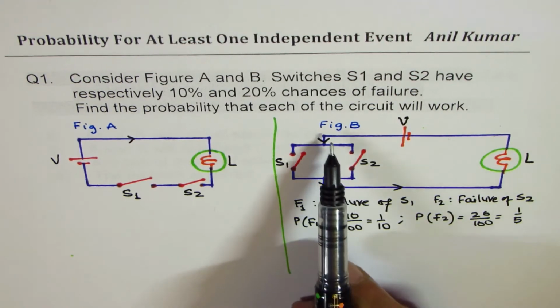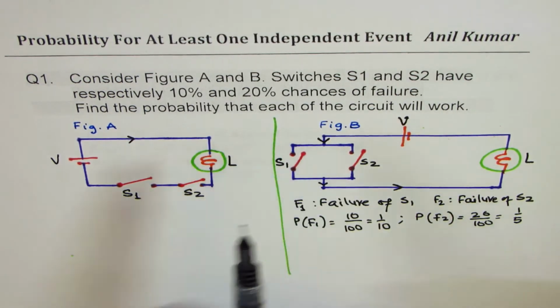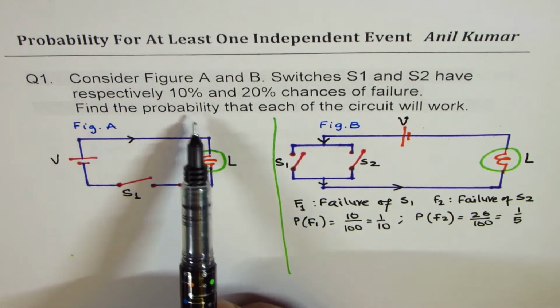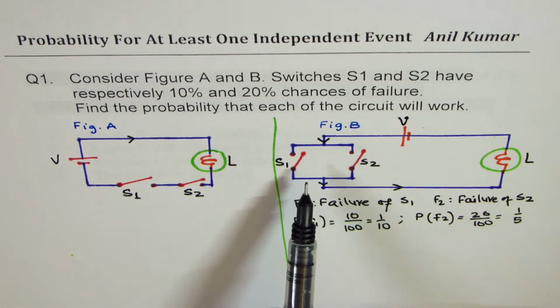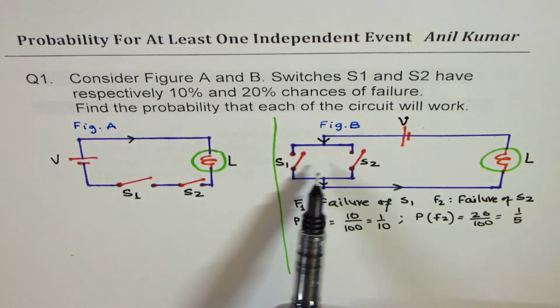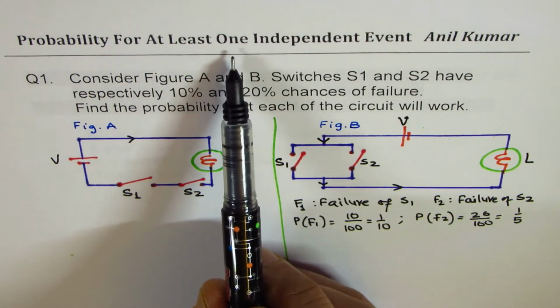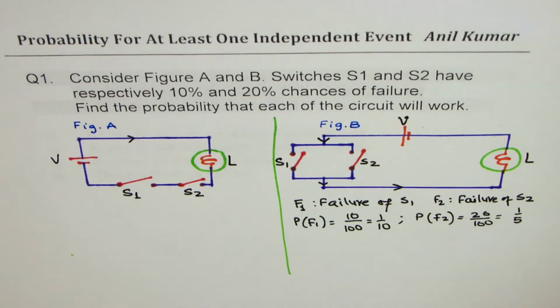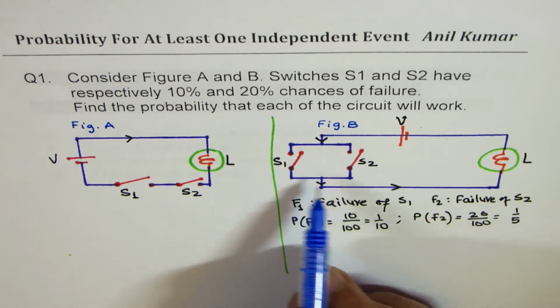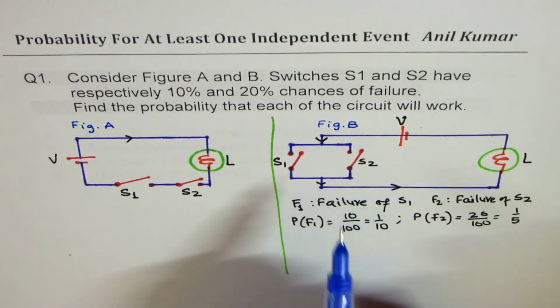Now we'll do part B first. The question is, find the probability that each of the circuits will work. Now in this case, even if at least one of them is working, it works. Do you see that? So the concept of at least one is there. When will it not work? When both will not work. Correct?